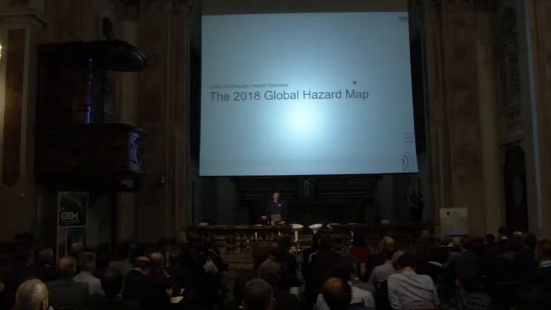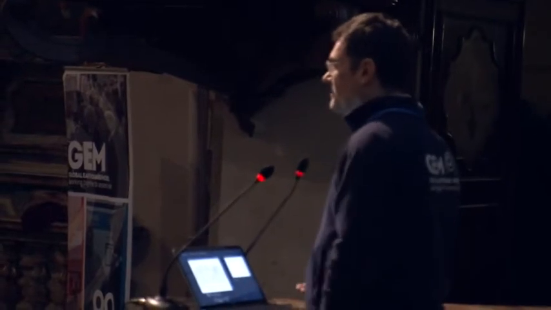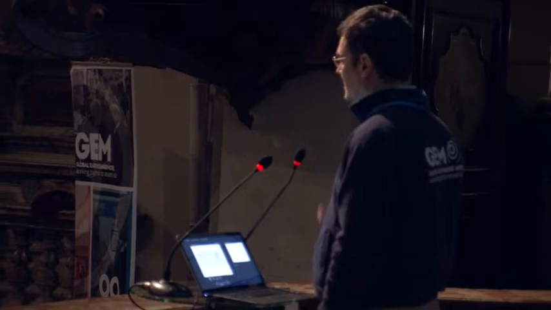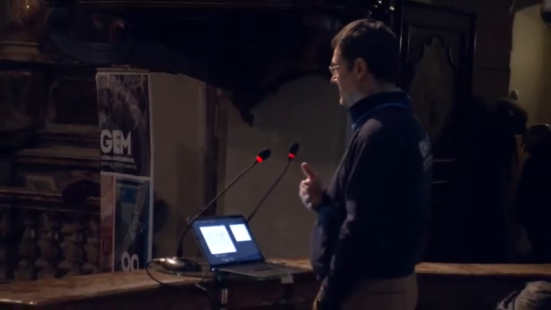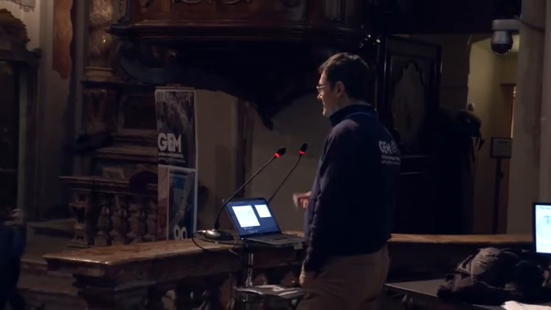Next part is the hazard map. And this is the hazard map that results from the combination of the maps that we calculate considering the 30 models that I just explained to you. The map is representing PGA with 10% probability of exceedance in 50 years and is referring to reference rock conditions that are in the range between 760 and 800 meters per second.